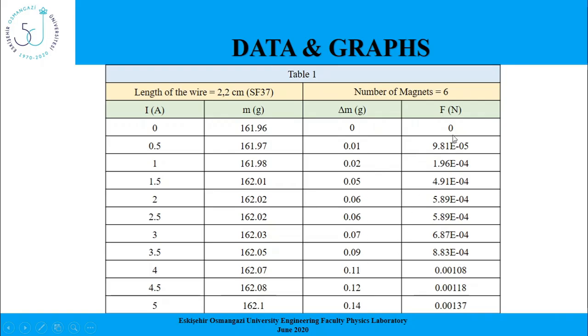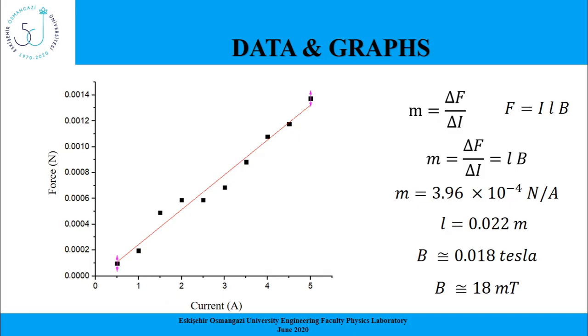And then we will calculate the force by multiplying with the gravitational acceleration value, which is 9.81 meters per second square. And we plot the force to current.